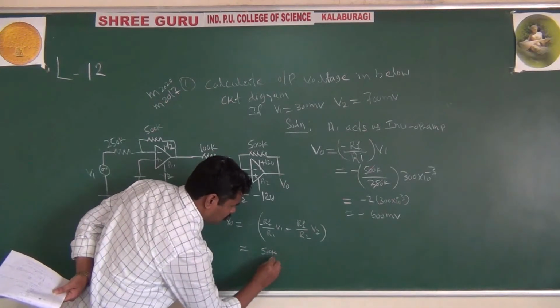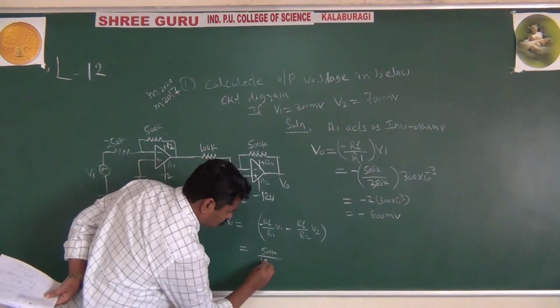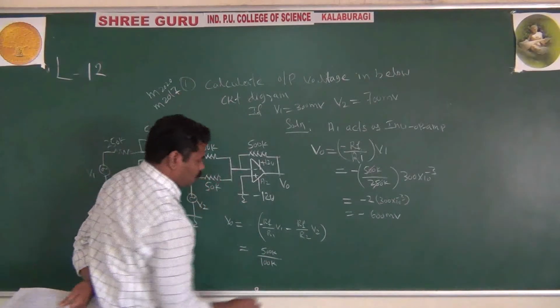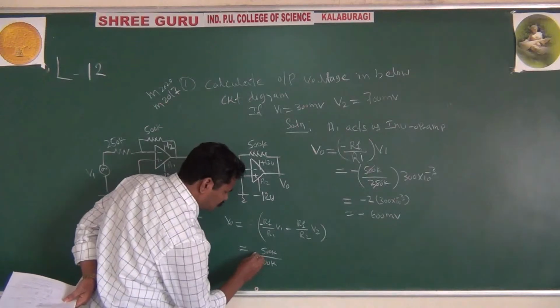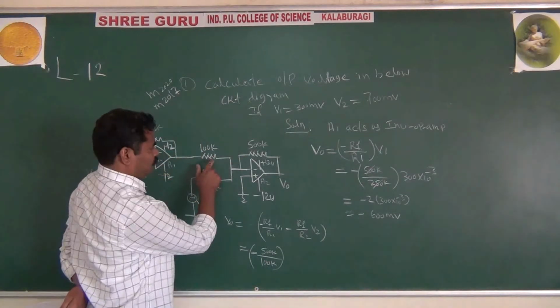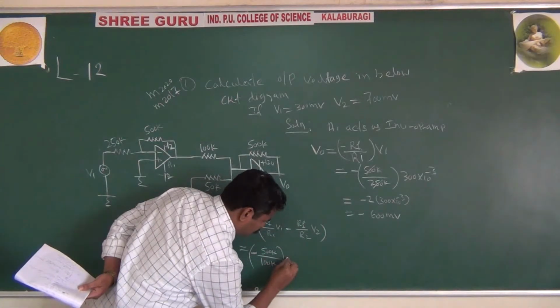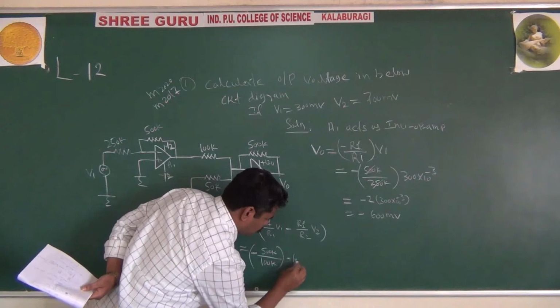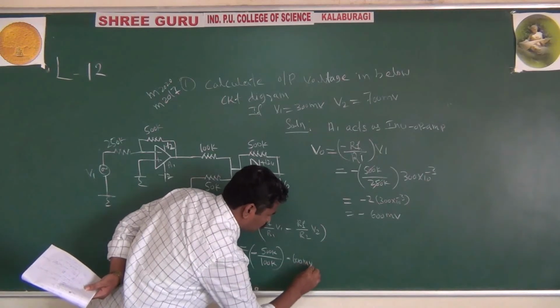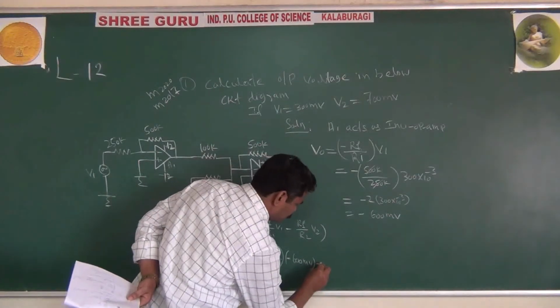500k by R1 100k, into V1, which is the output of the first stage, minus 600 millivolts. Then the minus stays as it is.